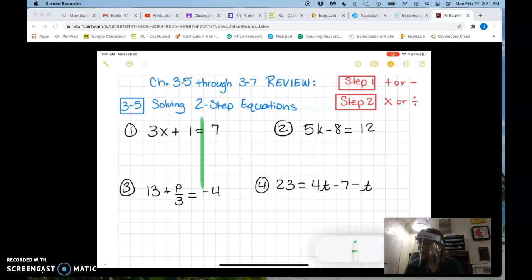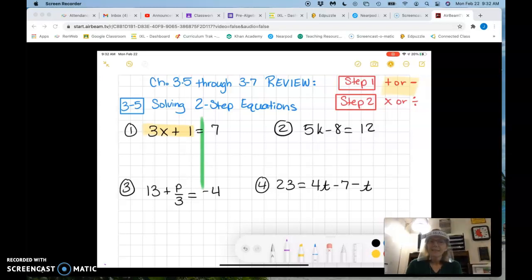So the first thing I'm going to do is I'm going to look at what's happening to the variable and do the opposite. But remember, step 1 is add or subtract. So what will I do first on this problem? Minus what? Minus 1. Good.